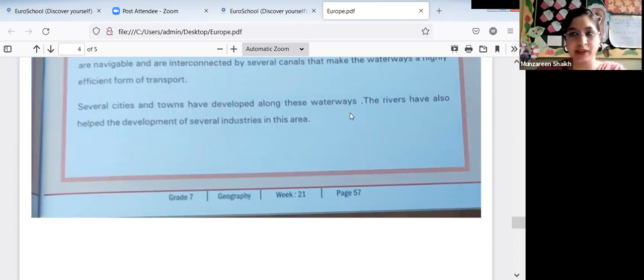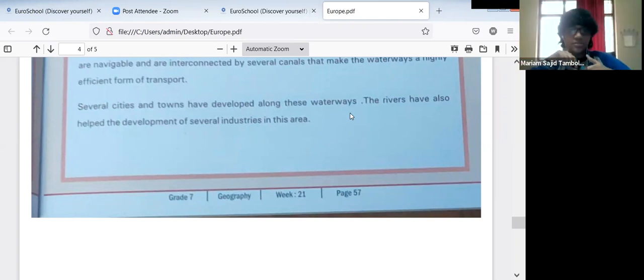Next, several cities and towns have developed along these waterways. The rivers have also helped the development of several industries in this area. Yesterday we discussed this also: if we have rivers or streams flowing through, we will definitely have more population growing around it.